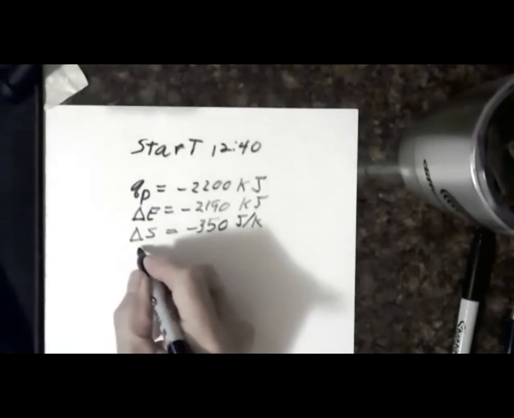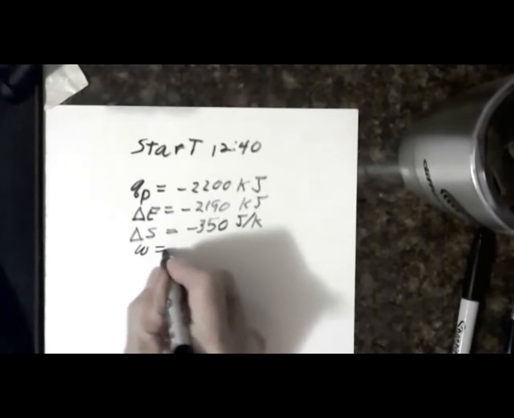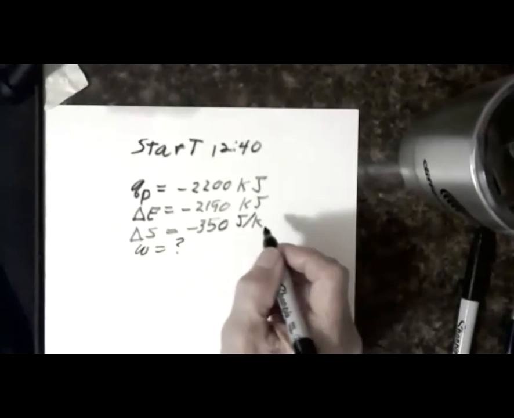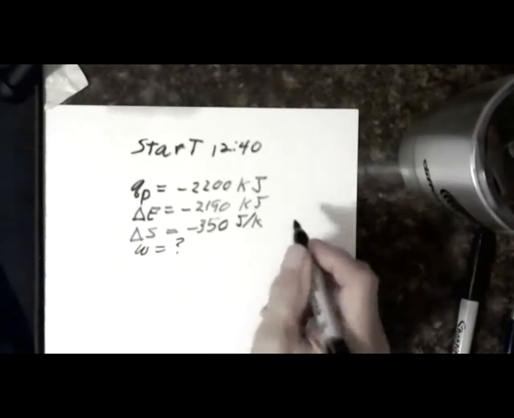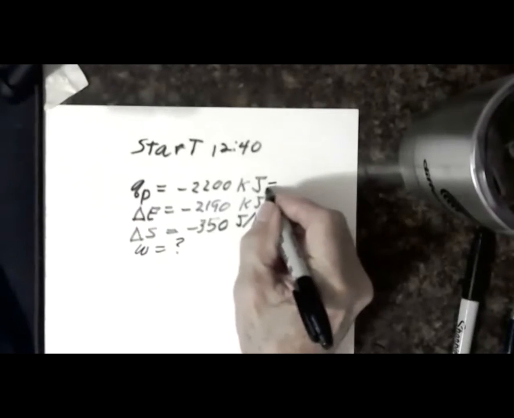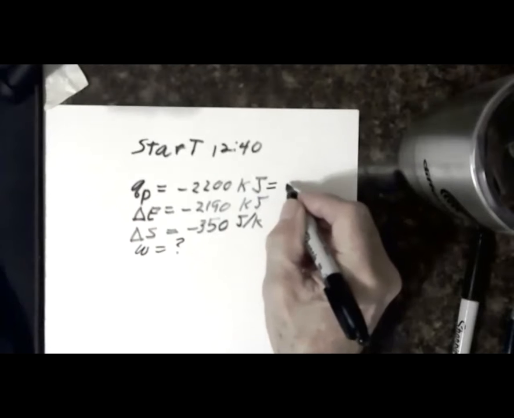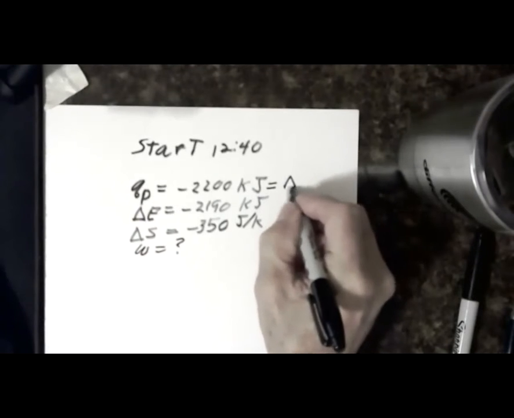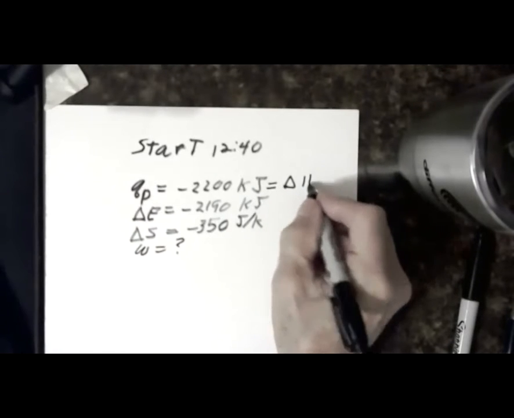Now we're looking at the relationships between all of these variables, and we were asked to calculate what the work is equal to. So we need to know how all of these things are related. Q at constant pressure is equal to the delta H for the process, because that's the definition.